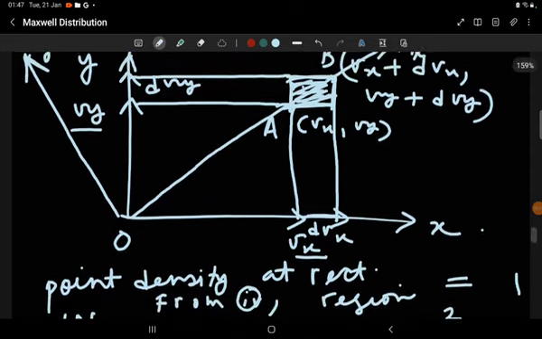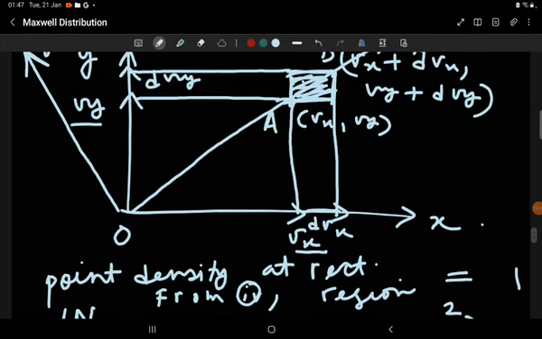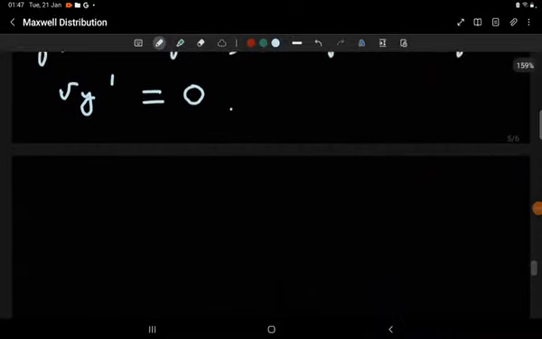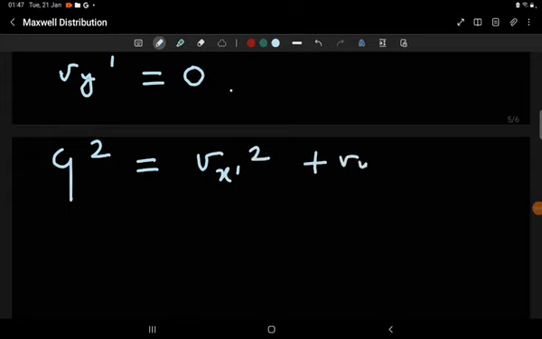We know that the resultant of two mutually perpendicular vectors, let's call it c1, squared is nothing but vx dash squared plus vy dash squared. Not dashed, sorry, this is the original coordinate system that we used.